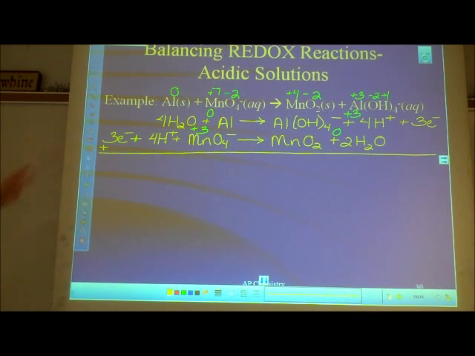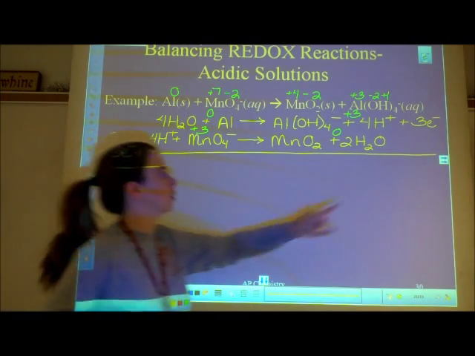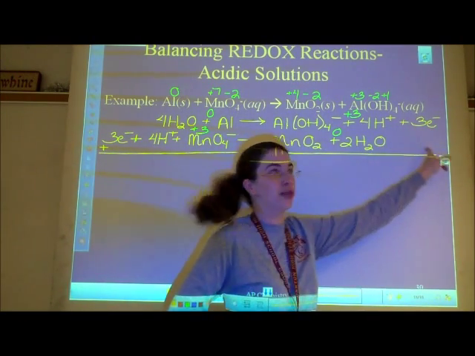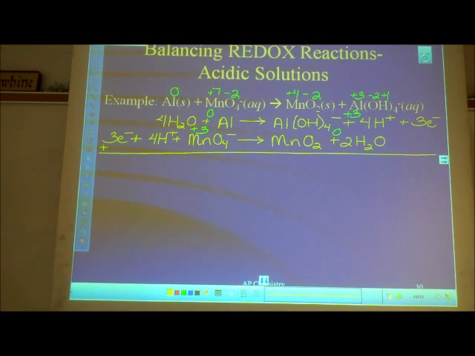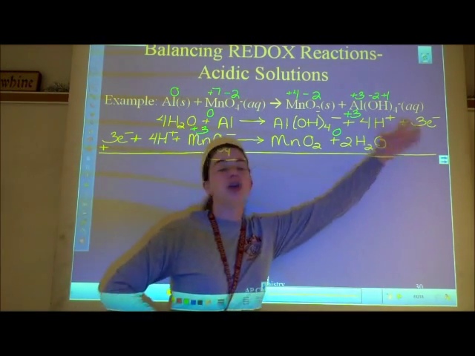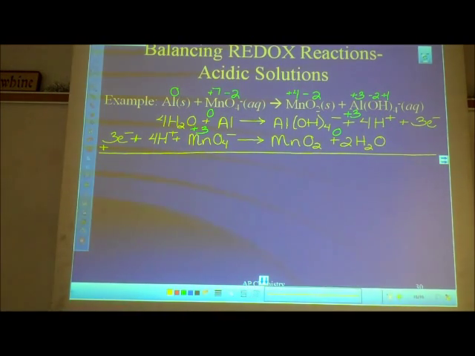If you get to this point and you see that your electrons are on the right and on the right again, stop and start over because you've made a mistake. They will always come out on opposite sides. Will they always come out to be the same number? No, they won't always. And we'll talk about what to do in that situation. But the key is, you have to get those electrons to cancel out.